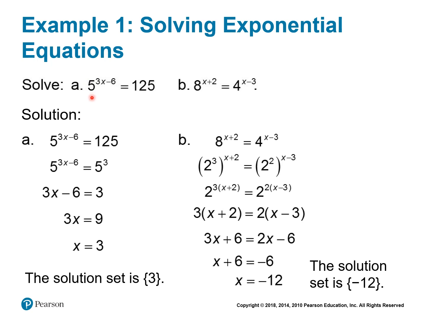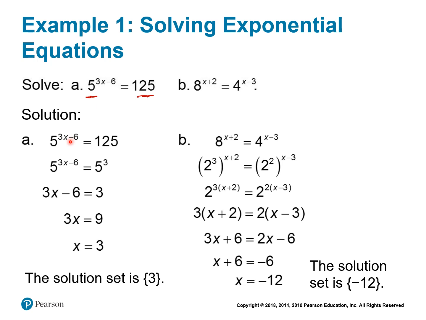One side has a 5, the other side has a 125. So just think a little bit. Can we rewrite 125 with a base 5? 5 raised to the power 3 is 125, and that's what they have done here.